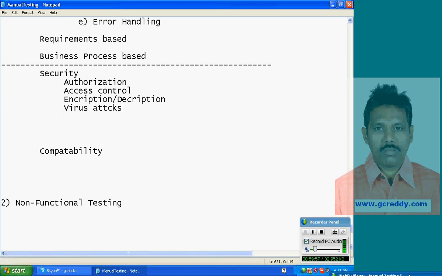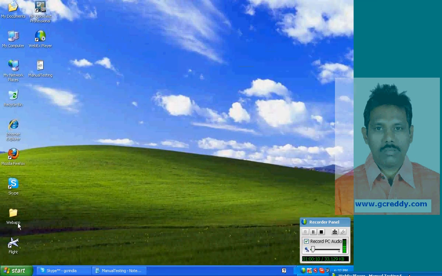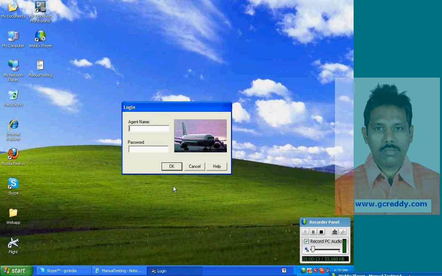Next, encryption decryption. What is encryption decryption? Do you have any idea, Priyanka? Encryption means like it's coding, sir. Suppose if you enter any value into a password field, like agent name, here I am typing Mercury. How data is entering in encrypted format now, yes, sir.